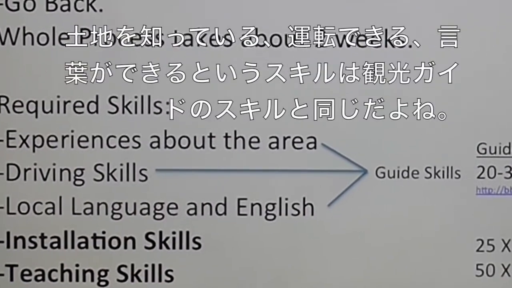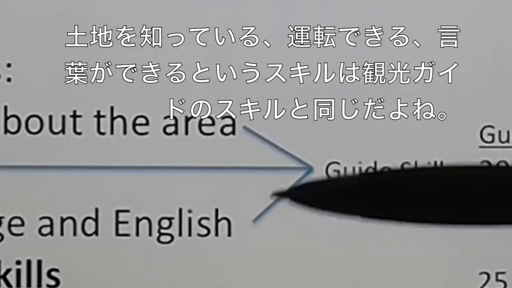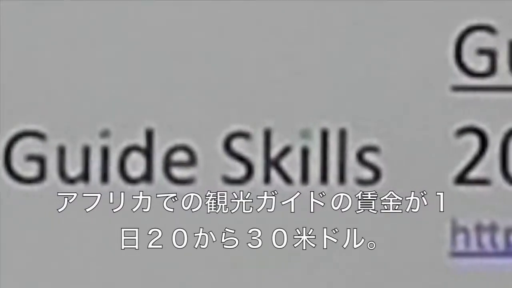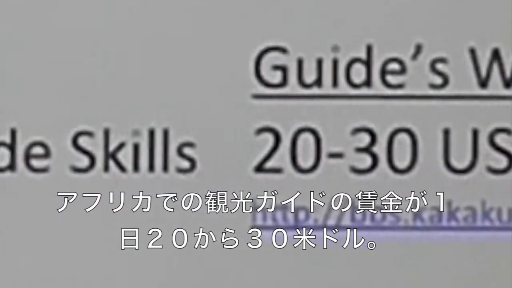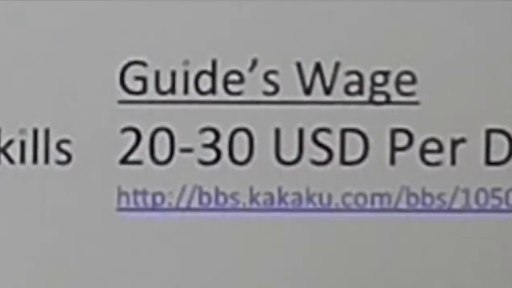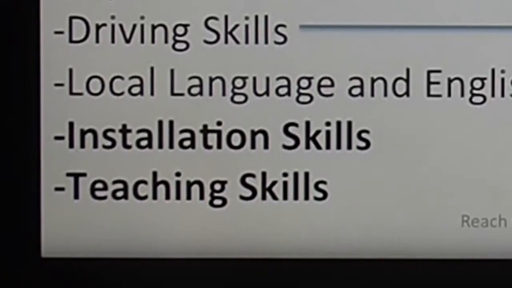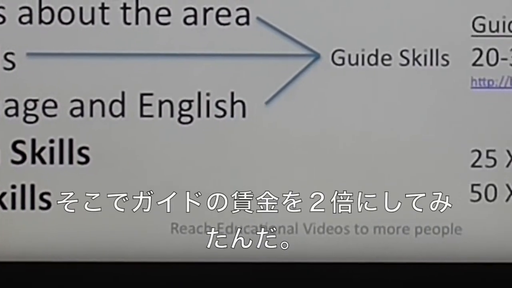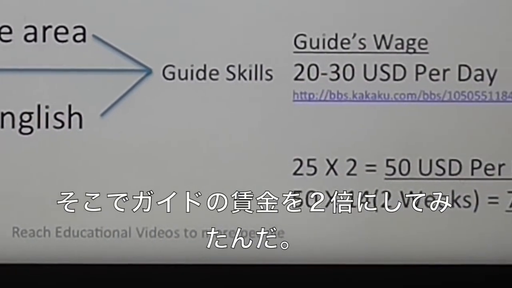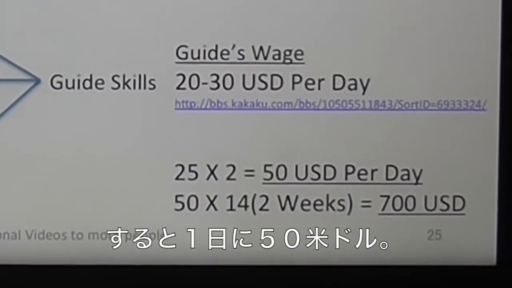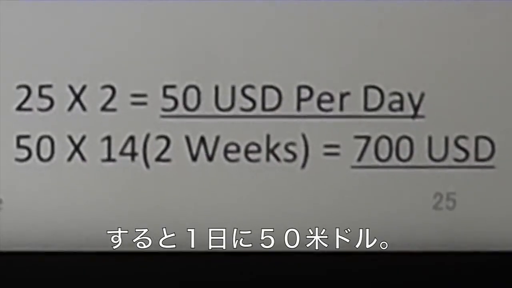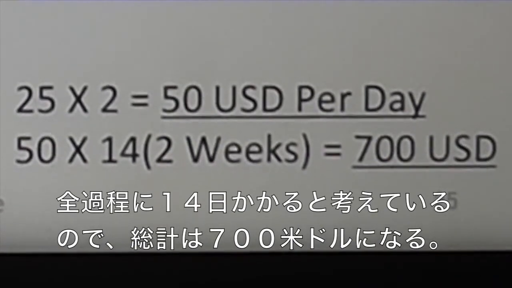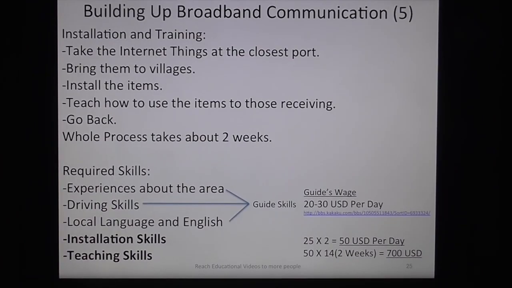So I thought that these skills were something like guide skills. The guide wage is 20 to 30 US dollars per day. I doubled the guide's wage, and that made it 50 US dollars per day. So say the process takes 2 weeks, 50 times 14, and that's 700 US dollars.